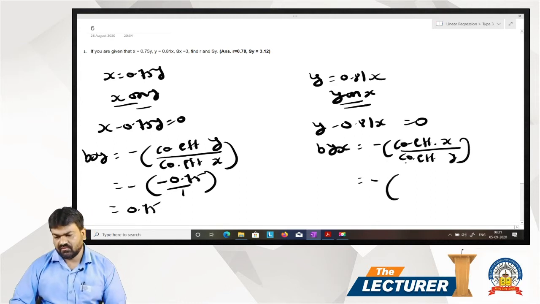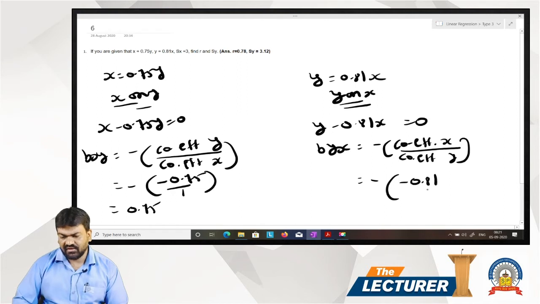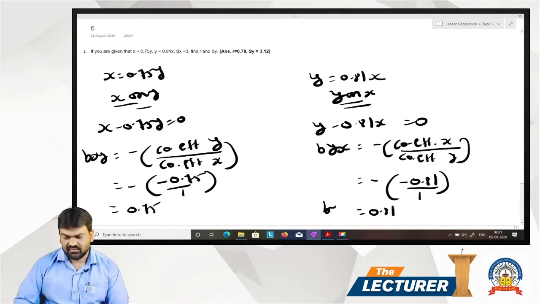Minus coefficient of y, that is minus 0.81, divided by 1, 0.81. This is byx, this is bxy.